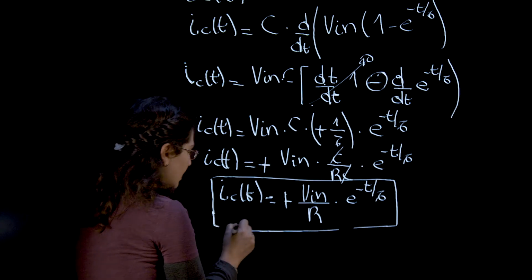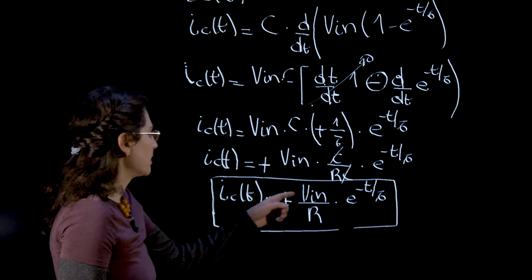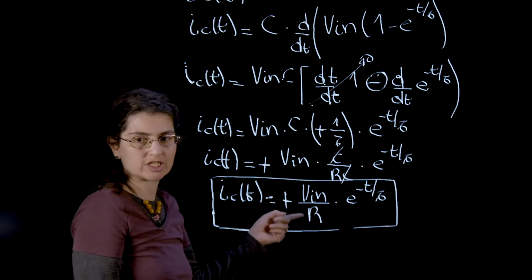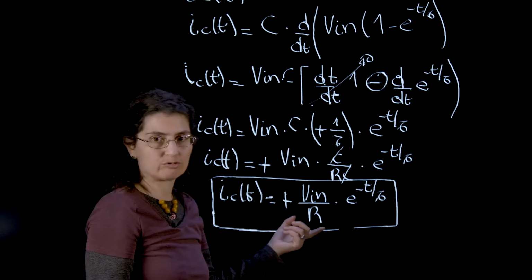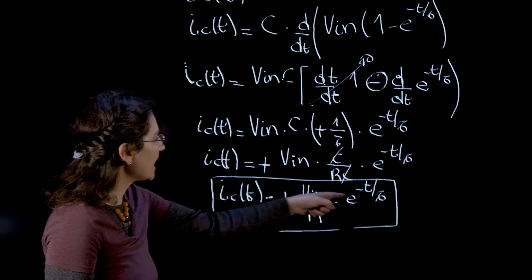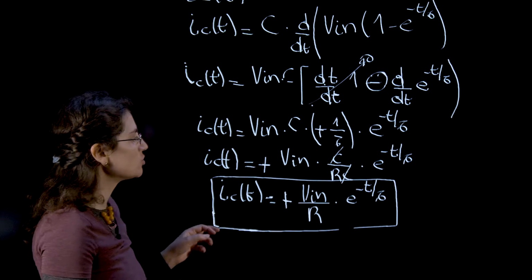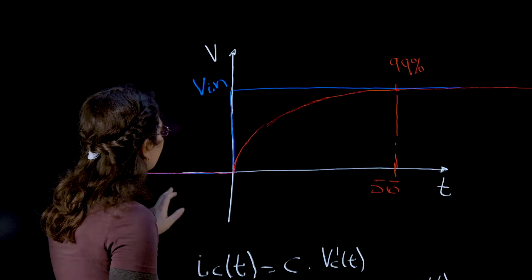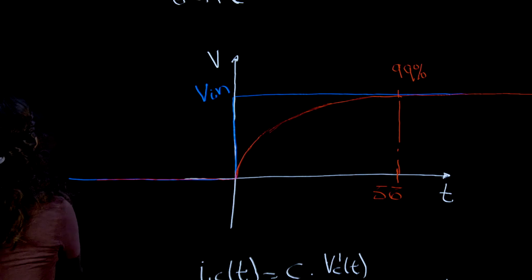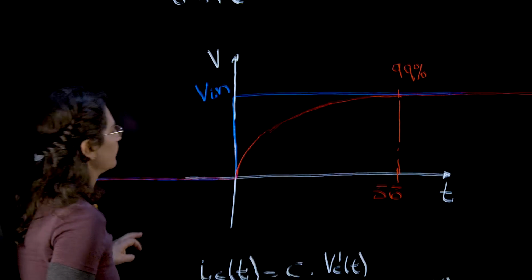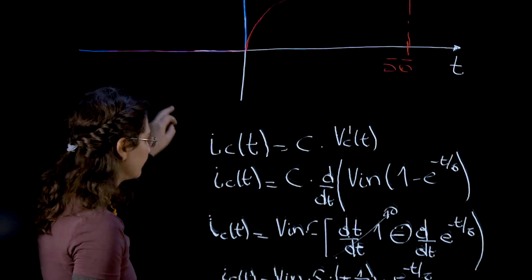So this is the equation that describes the current in our capacitor. Now, we see very clearly here that we have V in over R, which is a voltage over the resistance, which is current. So this is a current, and it's times e to the minus t over tau. So how does this current look if we look at our graph here?